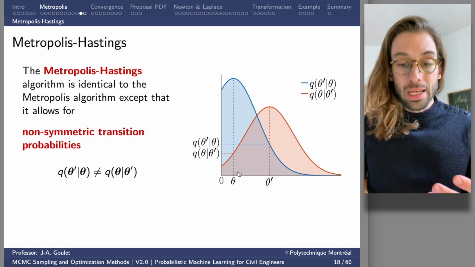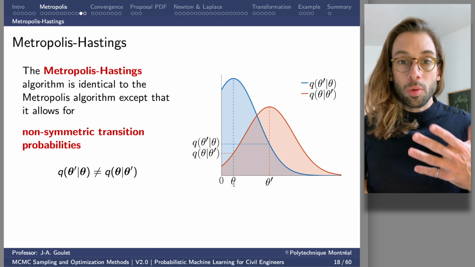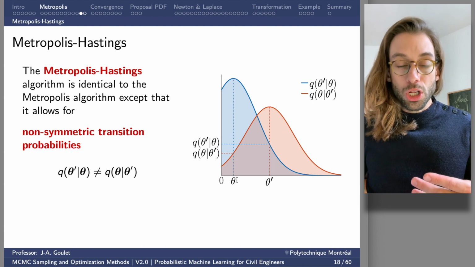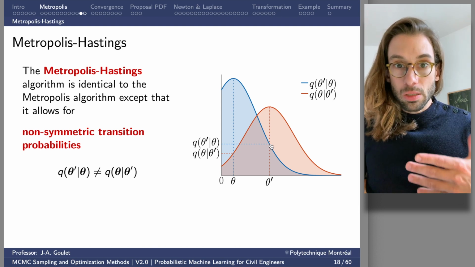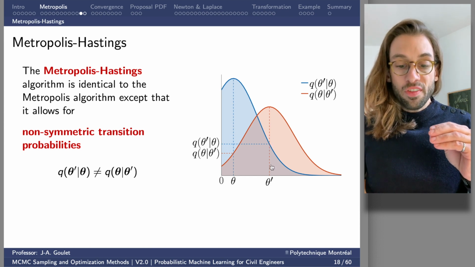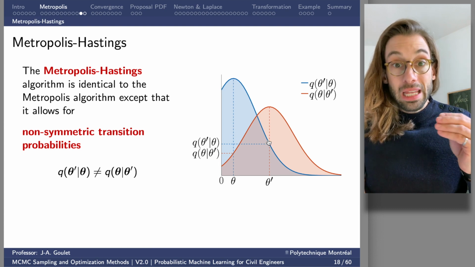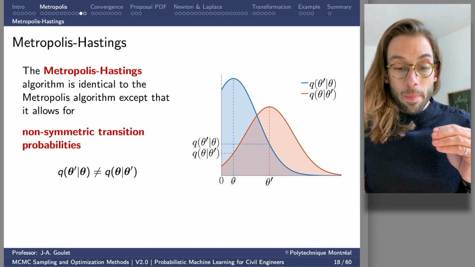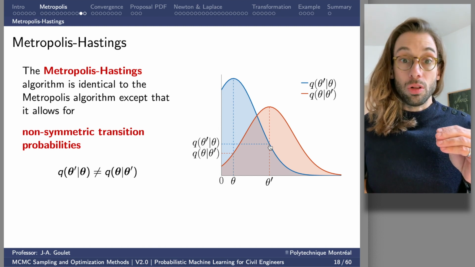So for this example, if I want to look at the probability of going from a current position theta to a new position theta prime, the probability density of that outcome is given by the height of my blue function here. But if I'm at my new position theta prime, the probability density of coming back to my value theta is lower than the original value.